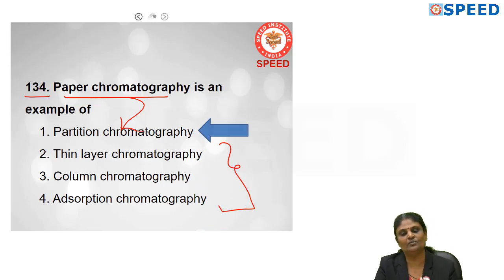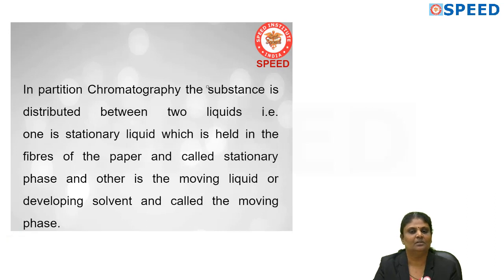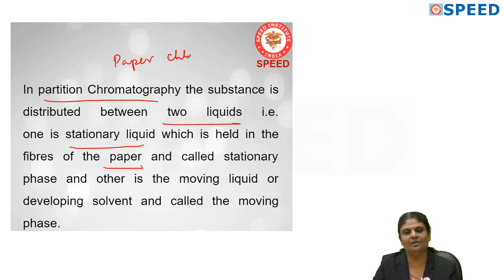So this is very useful in the separation of things. In partition chromatography, the substance is distributed between two liquids. One is the stationary liquid, which is held in the fiber of the paper. So paper chromatography is the best example for partition chromatography.